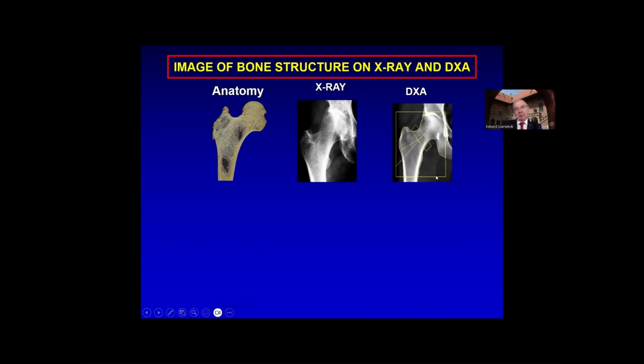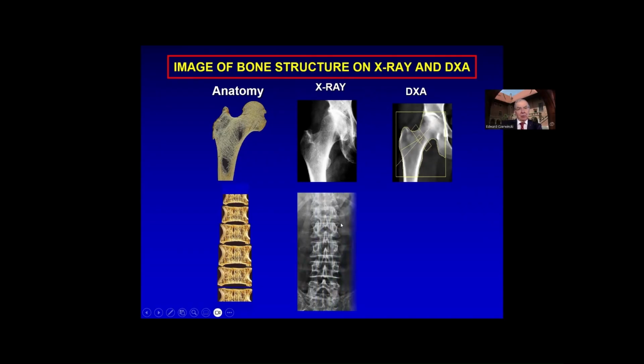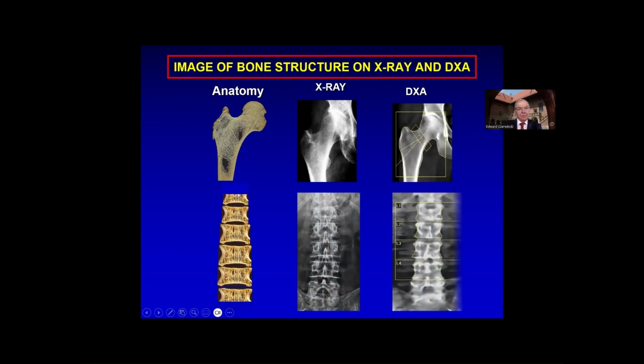We can just distinguish that this is the cortical bone and there is something. And the same relates to the spine. Here are the cross sections of the spine, and here is the X-ray. We see many details like joints, processes, and not much on the DEXA scan.